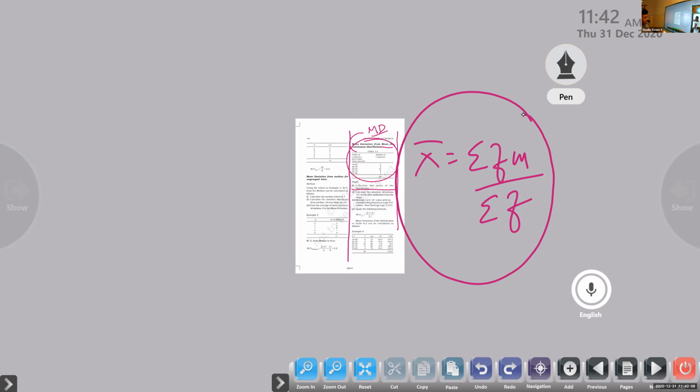Anyone got that answer? First, you want to find out the cumulative frequency, right?